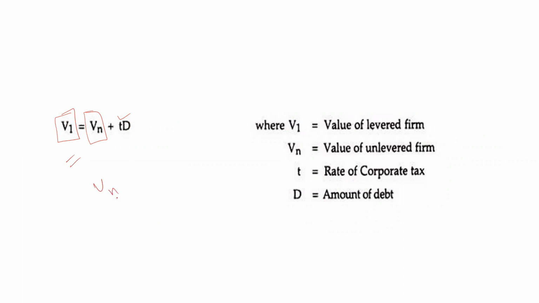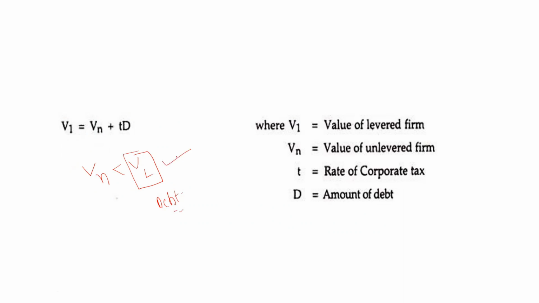The value of the unlevered firm is lesser than the value of the levered firm, so the value of the levered firm can be calculated with this specific formula. Where the value of the unlevered firm is lesser than the value of the levered firm, that ultimately means that using debenture in your capital structure produces more value.